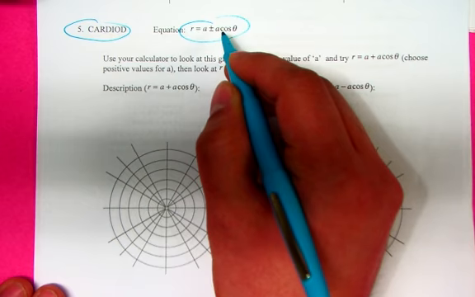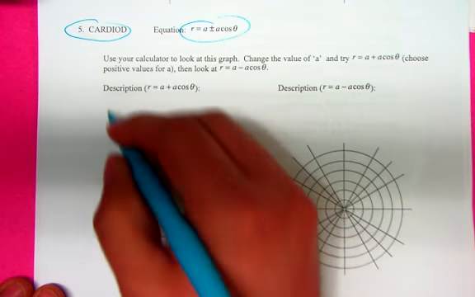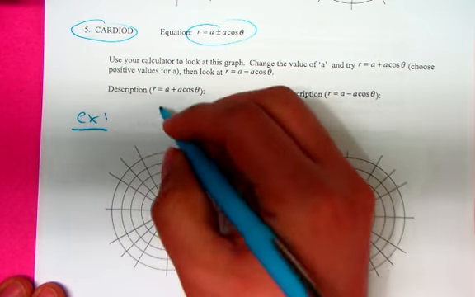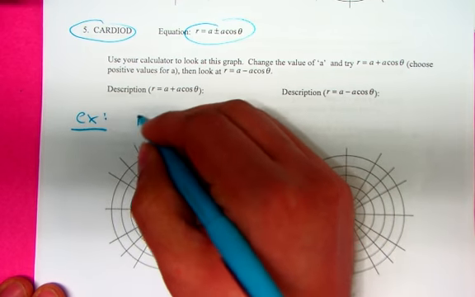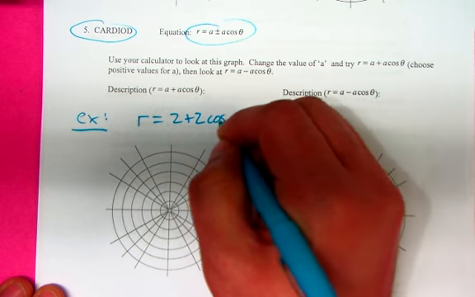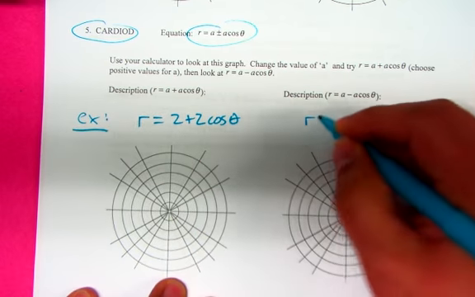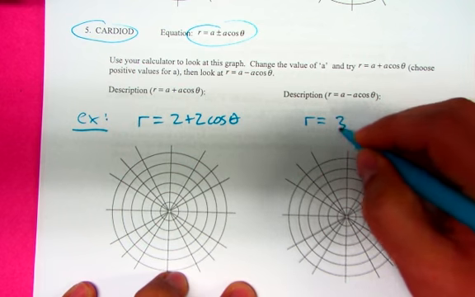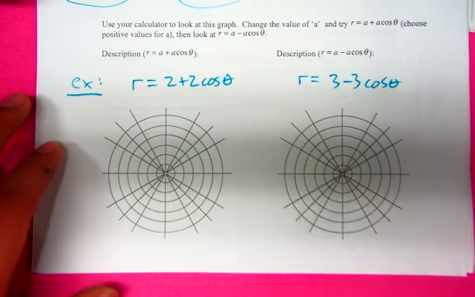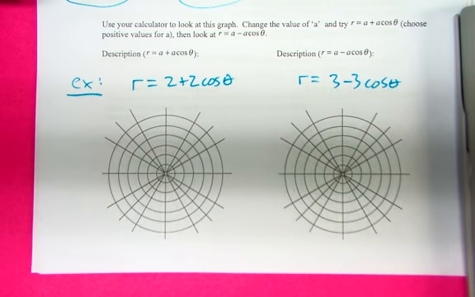So see what kind of things you get when you graph, and then I'll pick someone to walk me through without the calculator how you would graph something like r equals 2 plus 2 cosine theta, and r equals 3 minus 3 cosine theta. Focus on what some main points are.